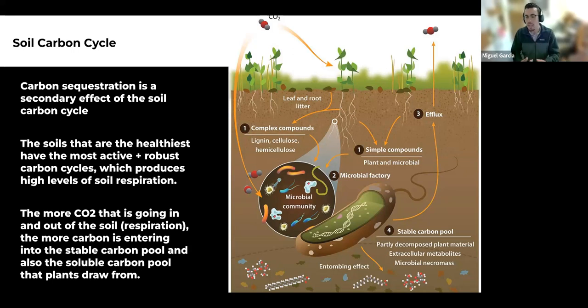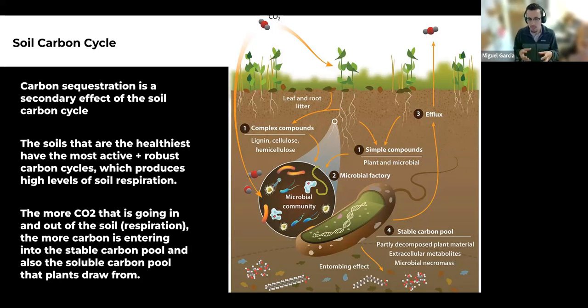It's constantly changing carbon from the atmosphere into the soil, back into the atmosphere, and it's going through these cycles. Now, the more of these cycles and the healthier these cycles are, the more the chances that some of that carbon will become unavailable to the microbes or will become less easily accessible by the microbes. So we want this cycling of carbon to be happening in our soils, in agriculture and forests and anywhere else.